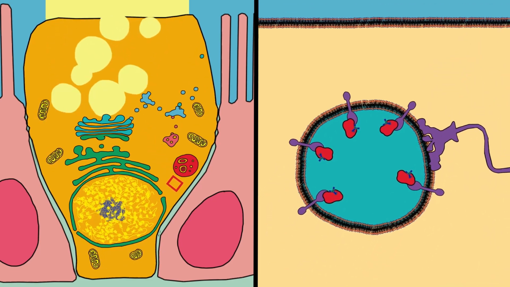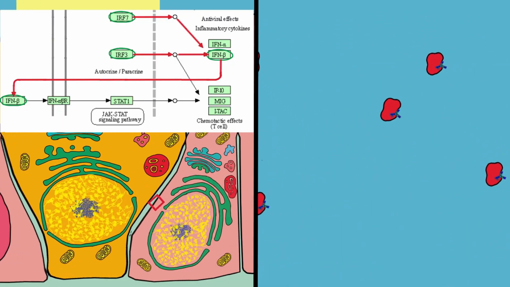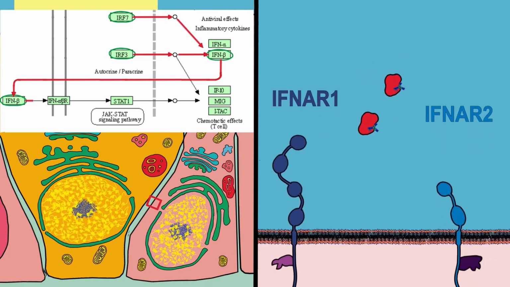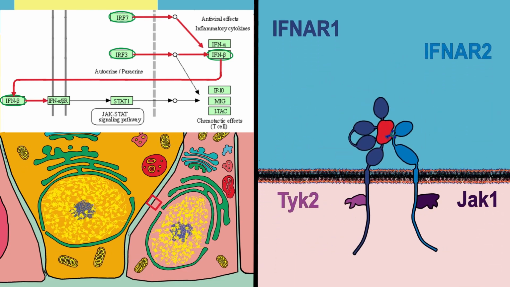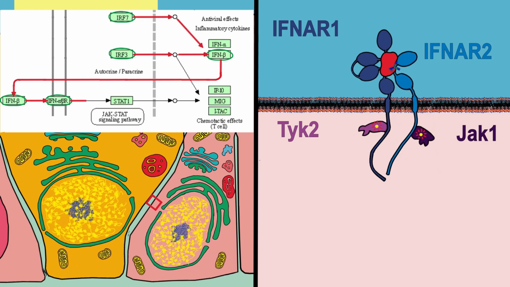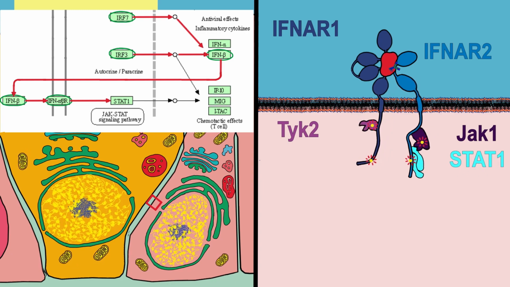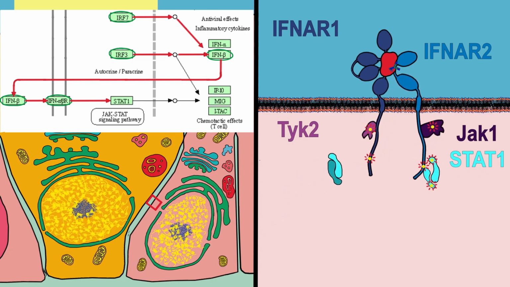Interferons disperse in the extracellular fluid and reach neighboring cells, where they bind to interferon receptors. After binding, the receptors phosphorylate each other by Janus kinase proteins. Once phosphorylated, they bind to STAT1 and STAT2 proteins, which are also activated by phosphorylation.